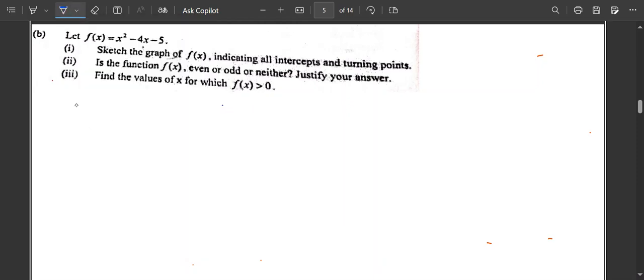What you do is you solve this equation: x squared minus 4x minus 5 is equal to 0. How do I solve?